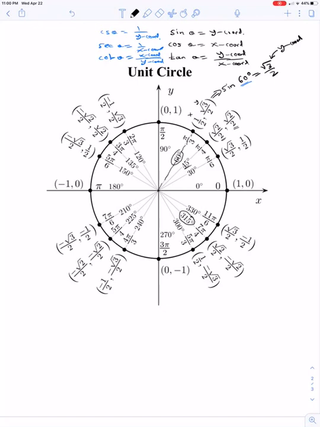So our x coordinate and our y coordinate are square root 2 over 2, negative square root 2 over 2. So we want to calculate the sine of 315 degrees, and we can easily calculate that. That's equal to the y coordinate, negative square root 2 over 2. So there's our function value.